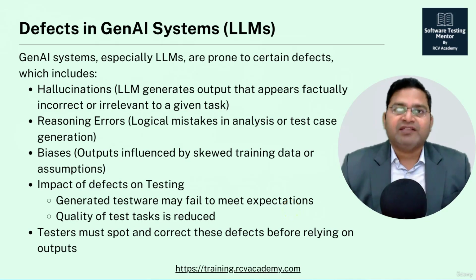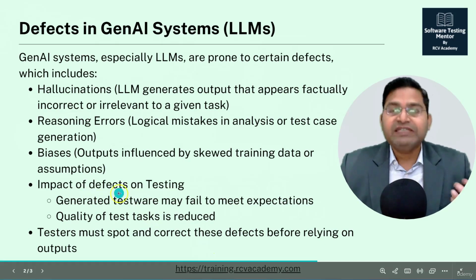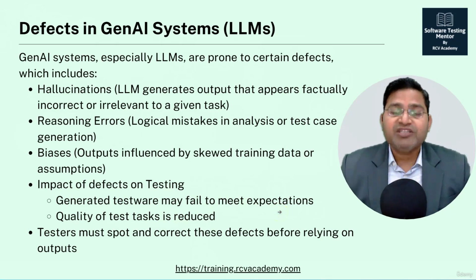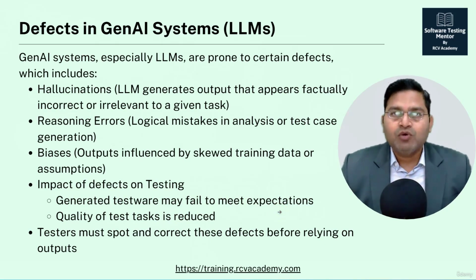How can these defects, hallucination, reasoning errors and biases, impact testing? The impact is that generated testware may fail to meet expectations. Whatever is generated by the model might not be good enough to be used in your actual project, right? It is not up to the standard.